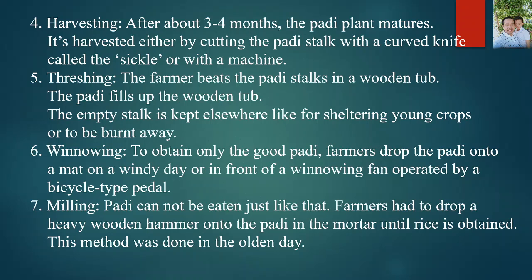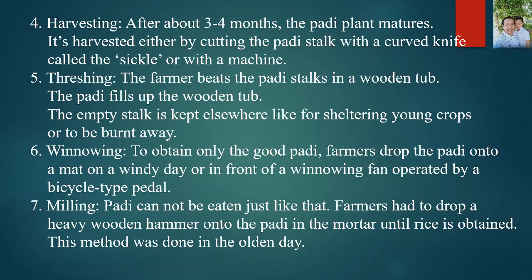Okay, and the next one is threshing. The farmer beats the paddy stalks in wooden tubs. They need the rice, so they have to beat the stalks to take all the rice.